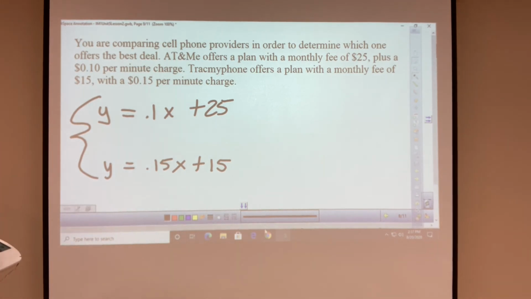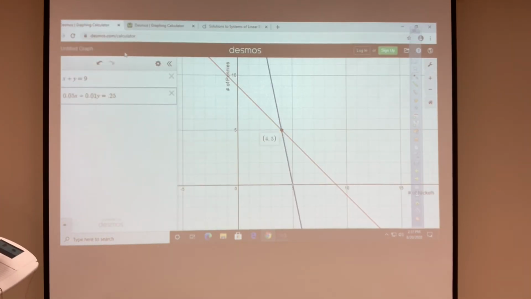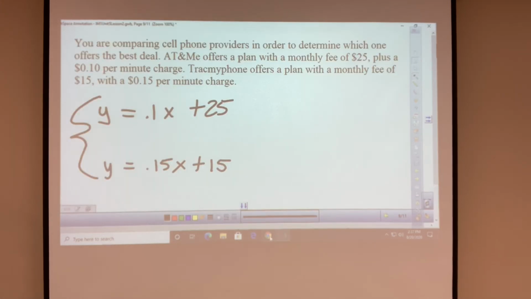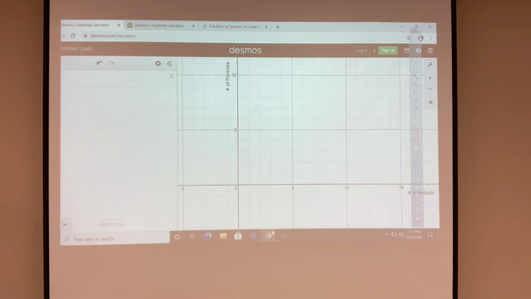I'm going to show you on Desmos what you can do with this. So let's just type these in. So y equals 0.1x plus 25.